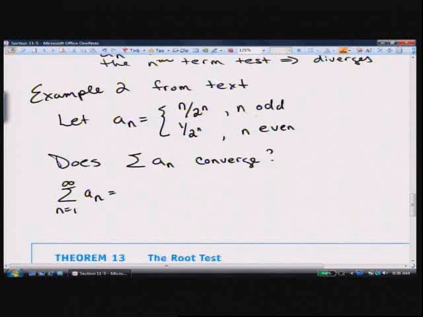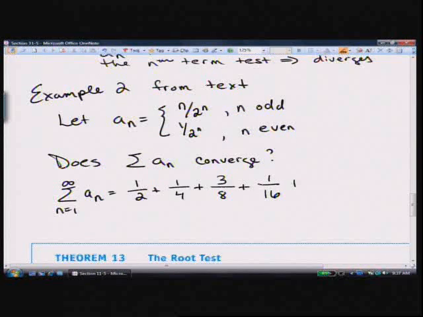Okay, when n is 1, that's odd, so it's going to be 1 over 2. And then it's going to be 1 over 2 squared, which is 4, plus 3 over 2 cubed, which is 8, plus 1 over 2 to the 4th, which is 16, plus, now I'm going to do 5, 5 over 2 to the 5th, which is 32, right?